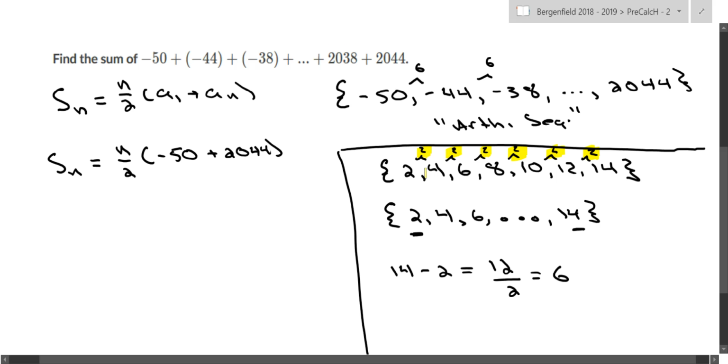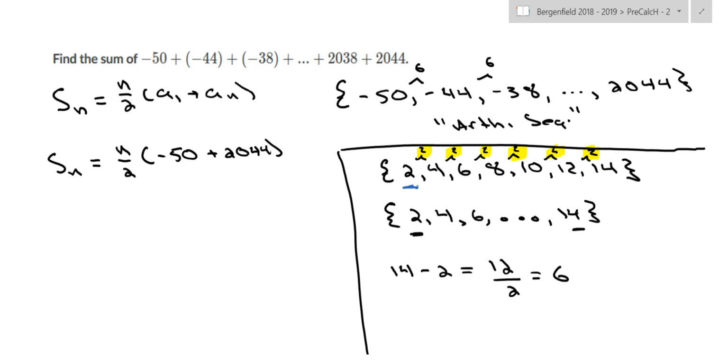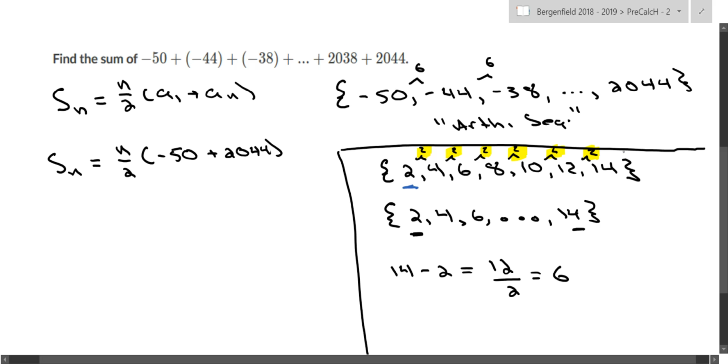I really hope you notice that it's one less than the number of terms in the sequence. If I had one more increase, there'd be one more space, and therefore we would get another term.